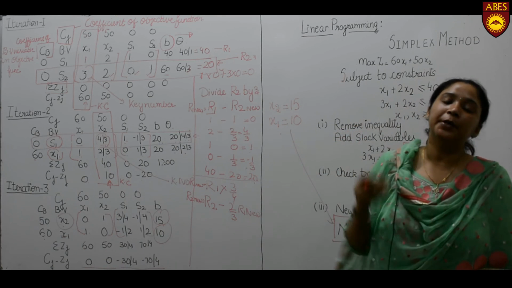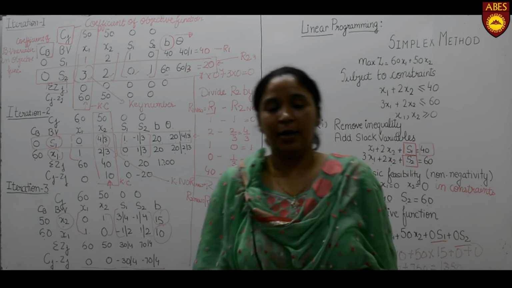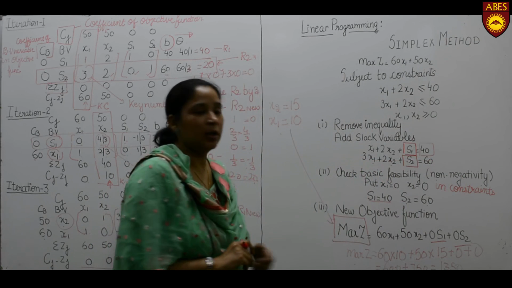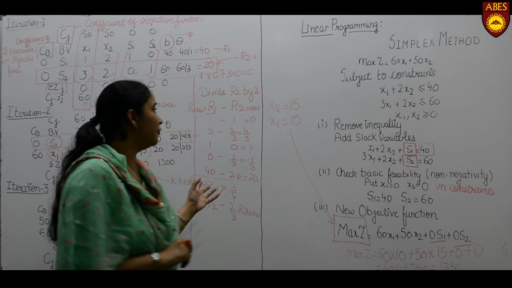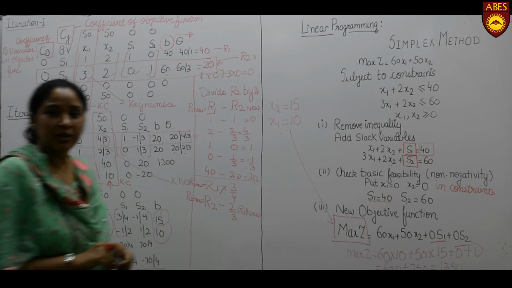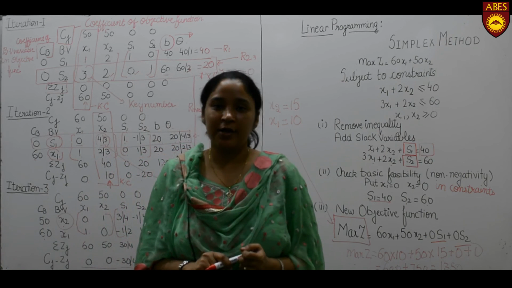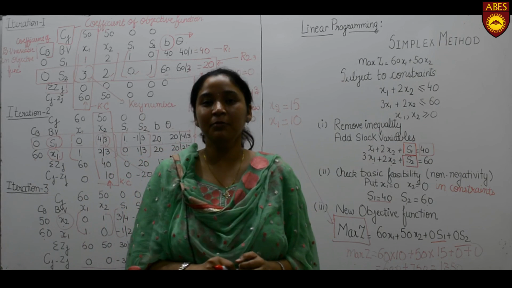This is the optimum value of Z, and x1 and x2 are the variables which we have found out with the help of about 3 iterations, and this is the most optimal solution. Hope you will understand the simplex problem. Thank you.